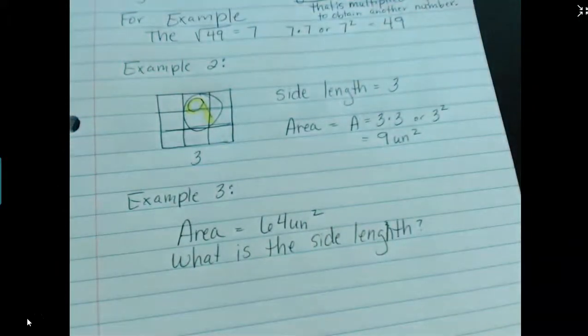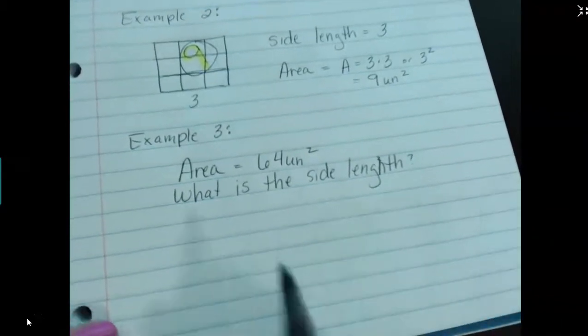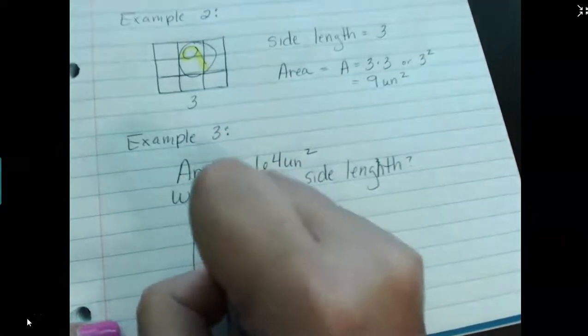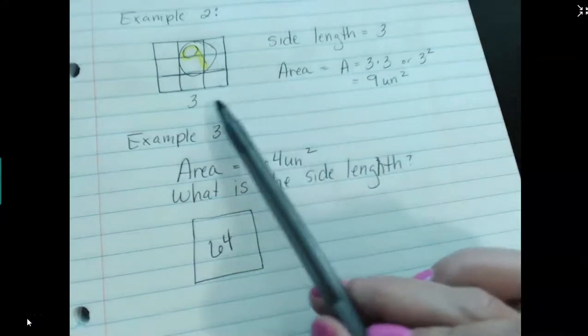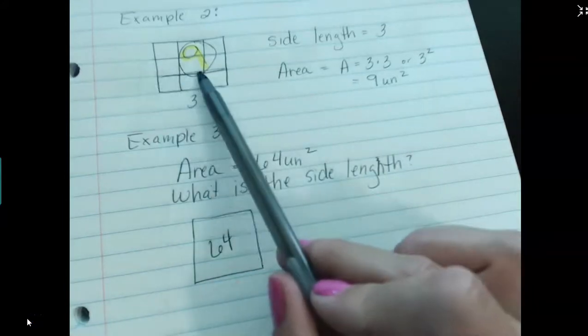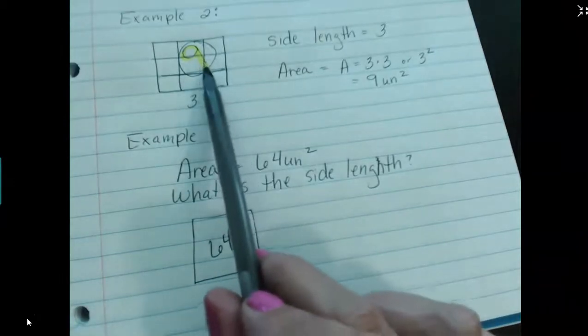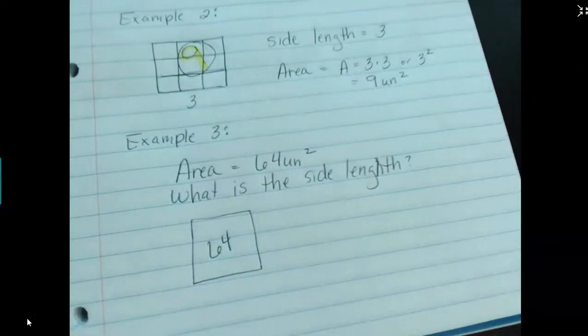Now, when you think about this, if I give you in example 3 that the area of a perfect square is 64, then I need to find the side length. Well, up here, you said 3 times 3 is 9. So right here, did you do 9 divided by 4 sides to get 3? No. What you have to do is take the square root.